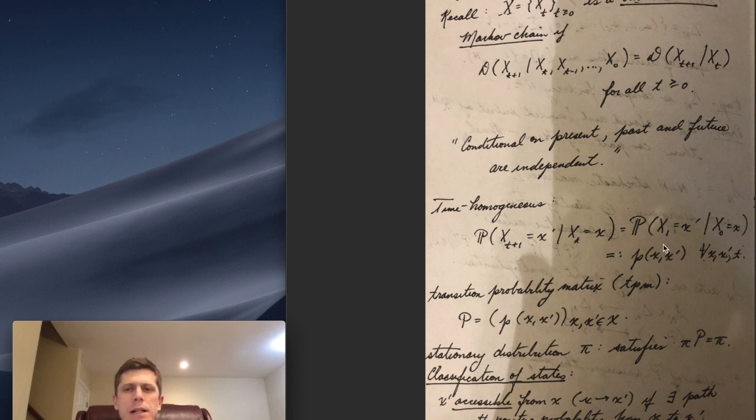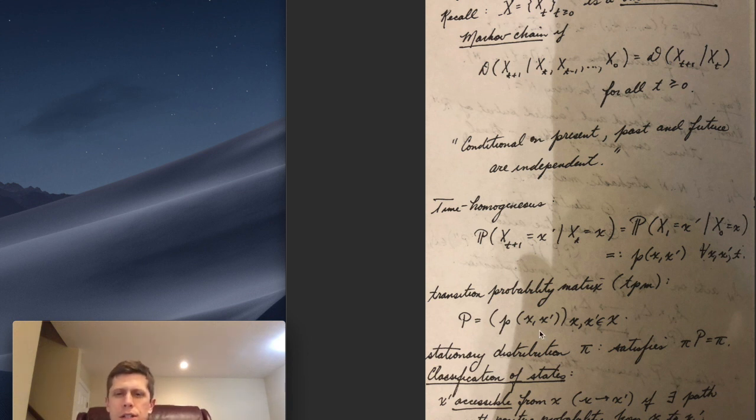So we can define this transition probability just by a two-place function, and we write this as p of x, x prime, meaning that's the probability of a transition in one step of going from state x to state x prime. So what we've shown previously is that it's convenient to arrange these transition probabilities in a matrix, particularly in the case where the state space is countable or finite, and we're going to specialize to the finite case later on.